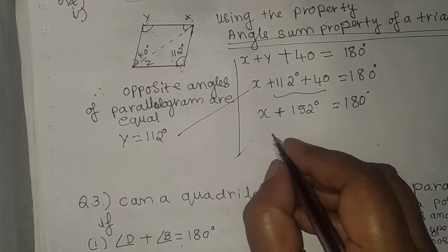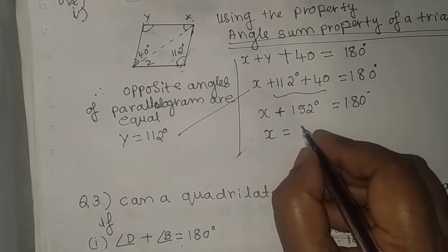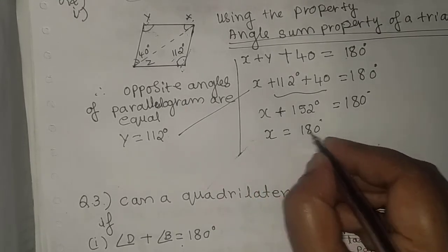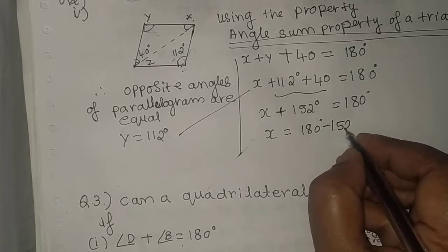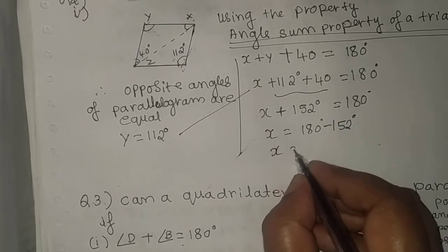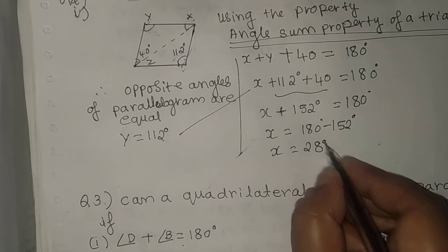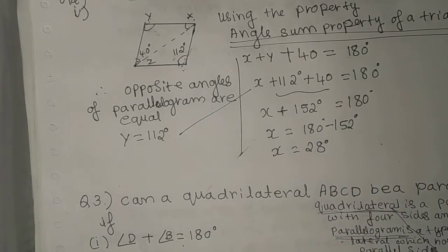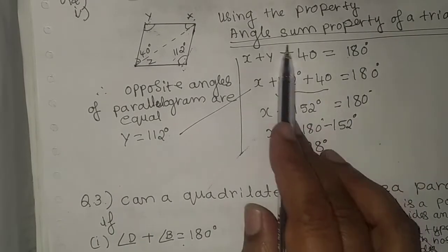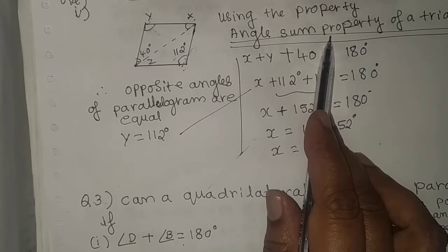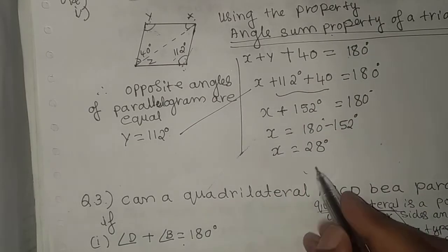Therefore 180 degrees minus 152 degrees, x is equal to 28 degrees. So we solved the question. What was the question? What are the properties used here, and the x value?